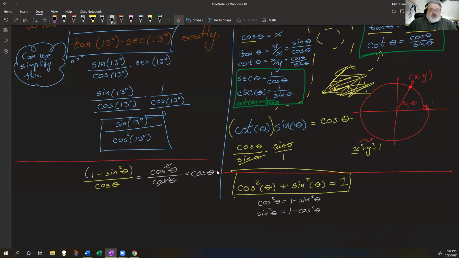Again, these are just manipulation tools, things that we can do based on the definition of our trigonometric functions.